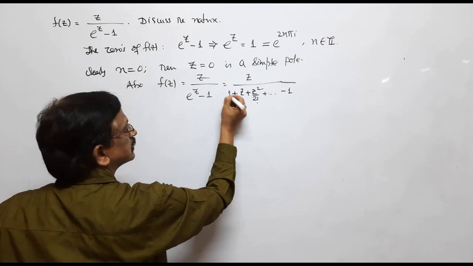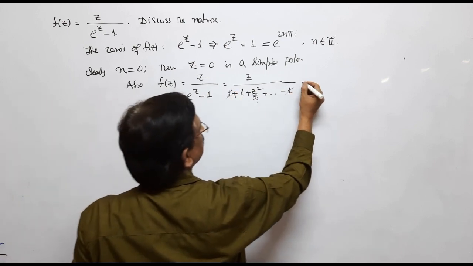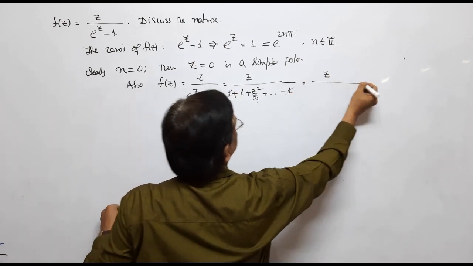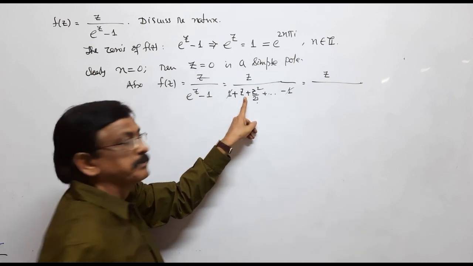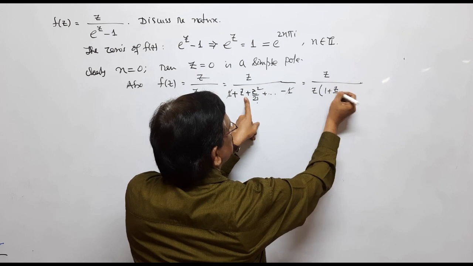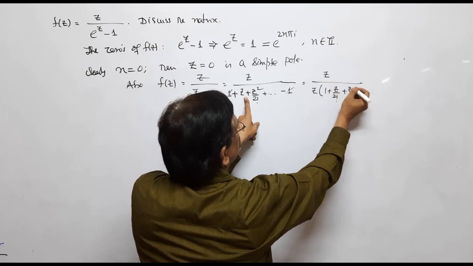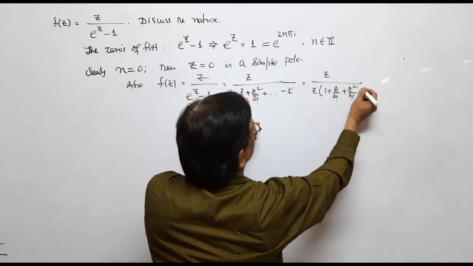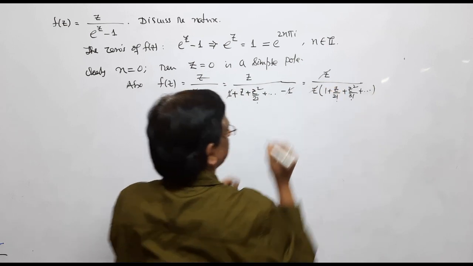So I can cancel the plus 1 and minus 1, and now I want to take z common, so z into 1 plus z by factorial 2 plus z square by factorial 3 and so on. Again, I can cancel this z.